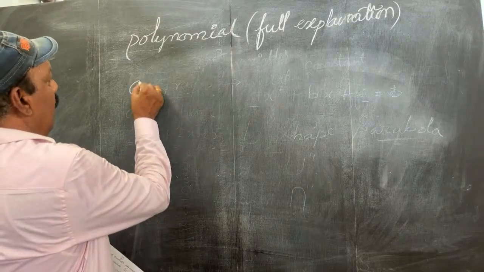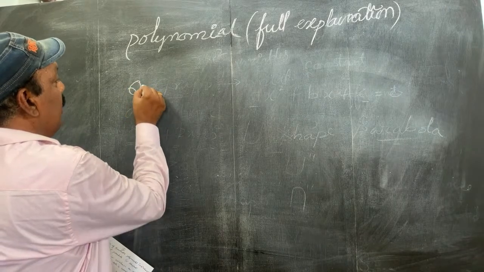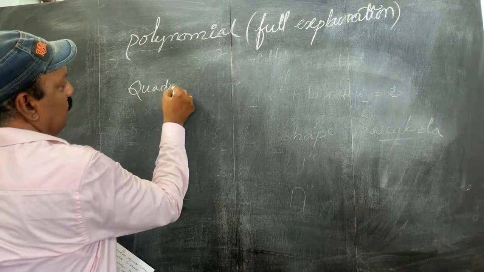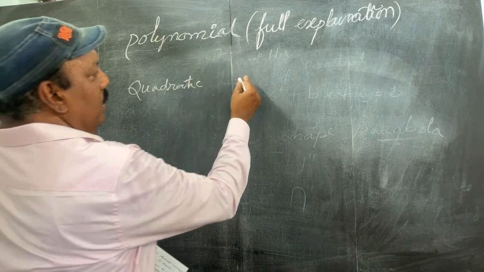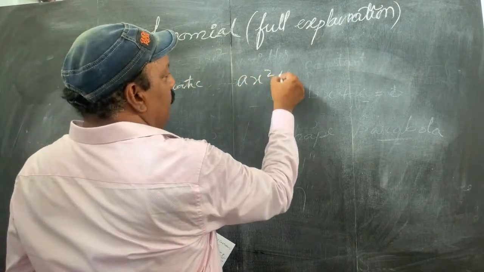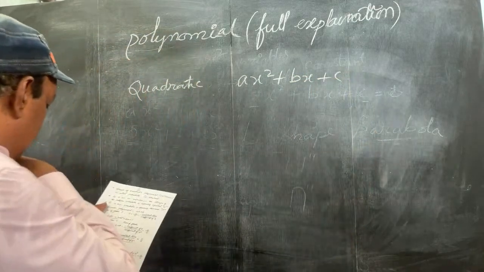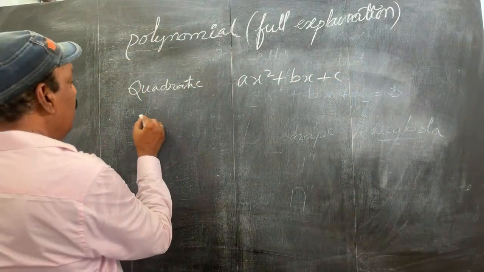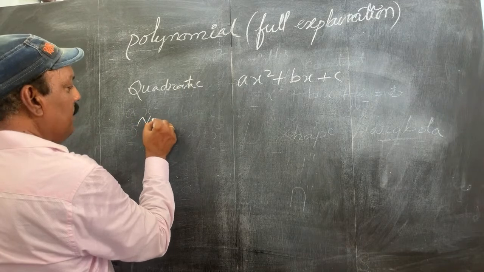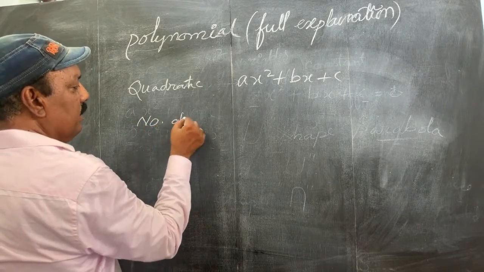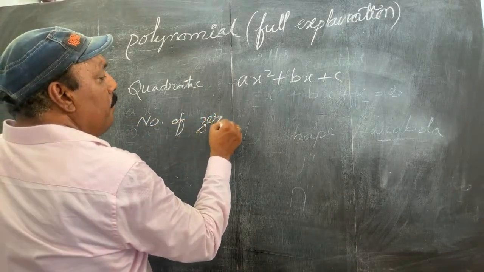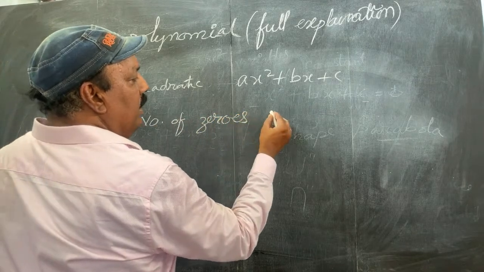Now I am giving certain formulas for the quadratic equation. Here ax square plus bx plus c is the general form of the quadratic equation. The number of zeros present in a quadratic equation is 2.